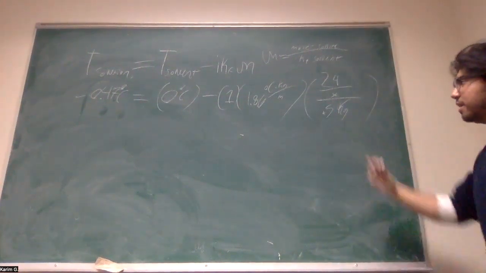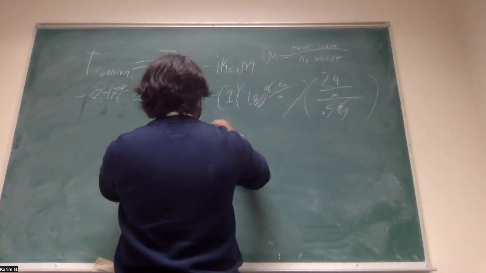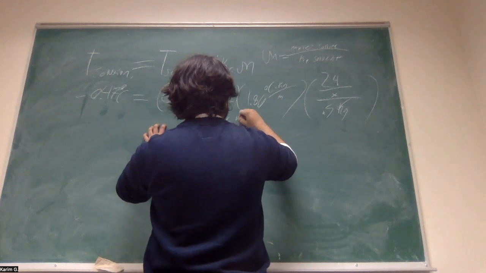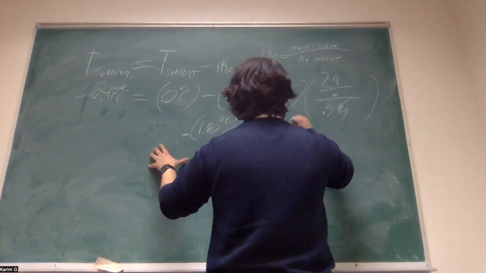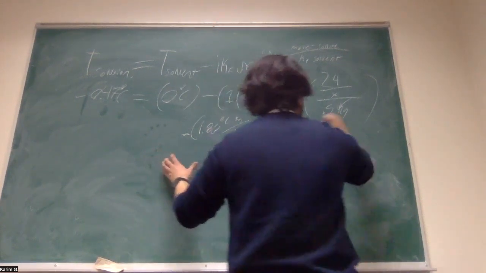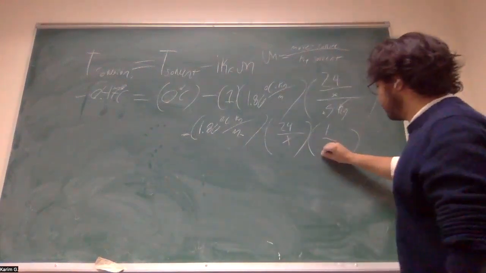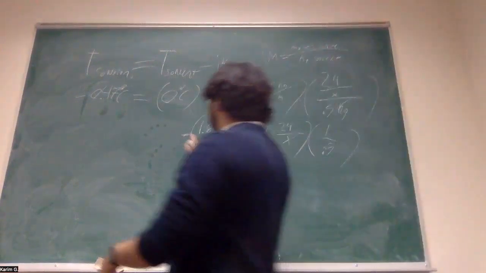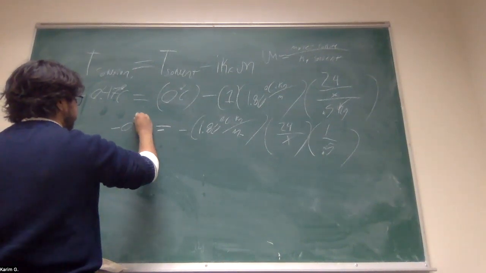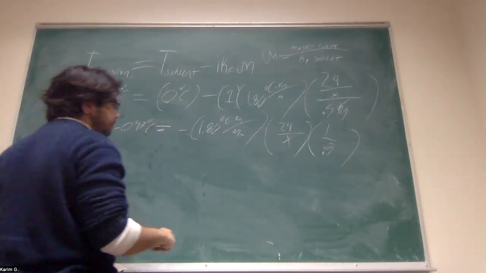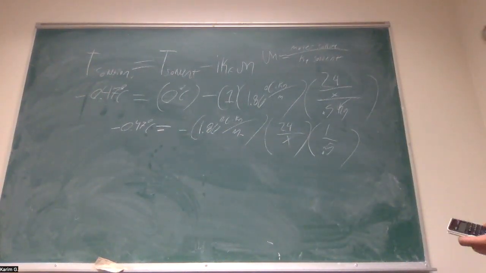So then we just expand this, we simplify this. So again, it's negative 1.86 degrees Celsius times kilogram over moles. And then we expand this to say 24 over X and then 1 over 0.5. This is negative, and then is equal to negative 0.17. Okay, now we just solve for it, right?